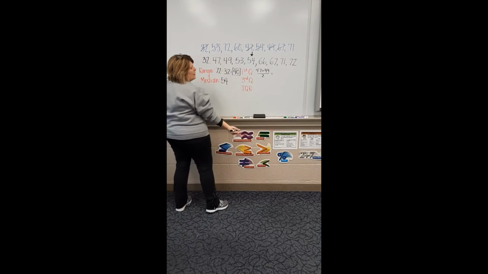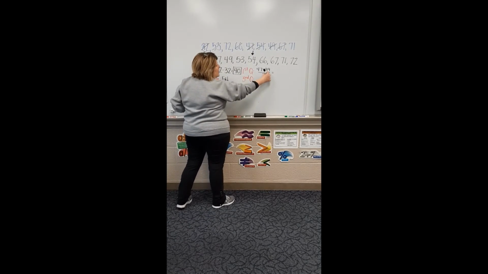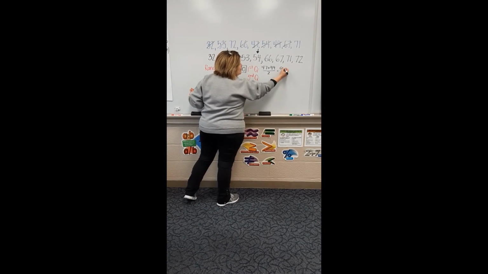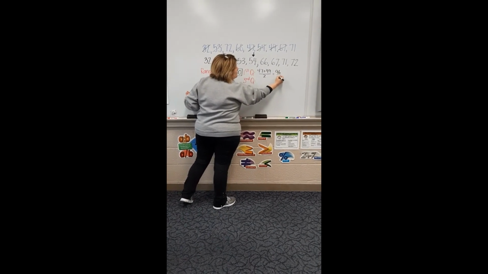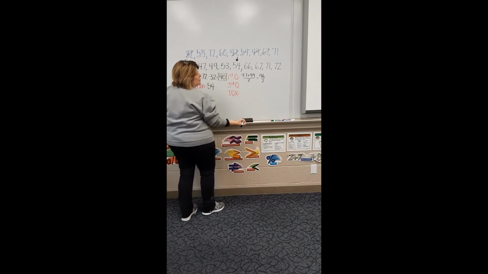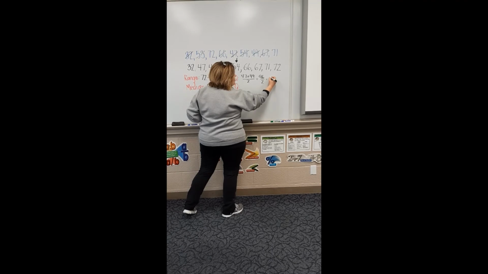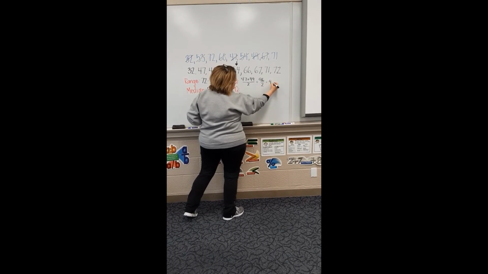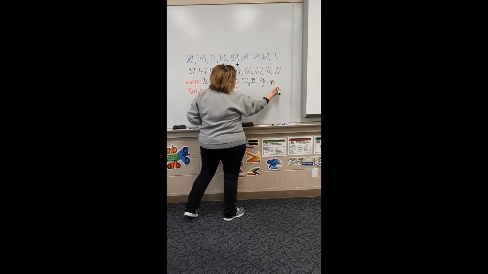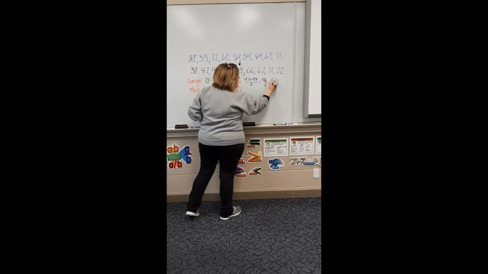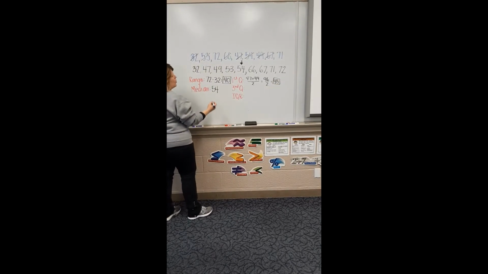Using my calculator, 47 and 49 are 96, divided by 2 equals 48. So 48 is the end of my first quarter.